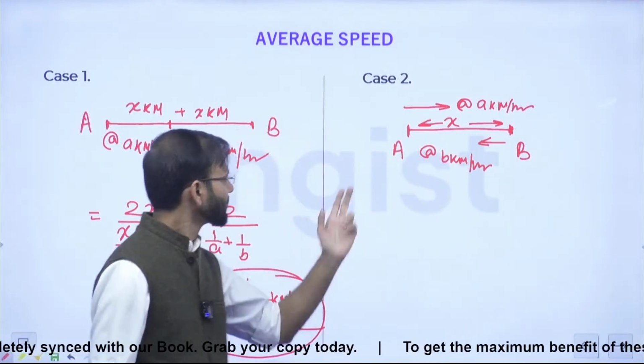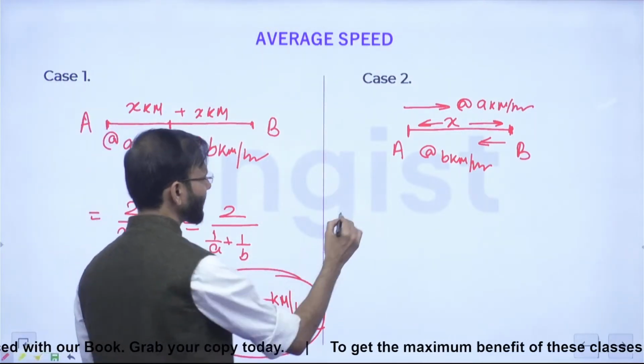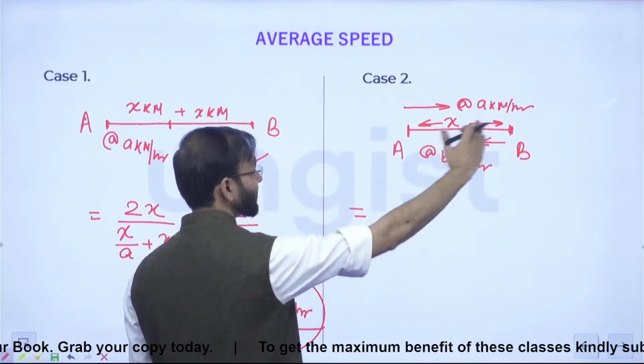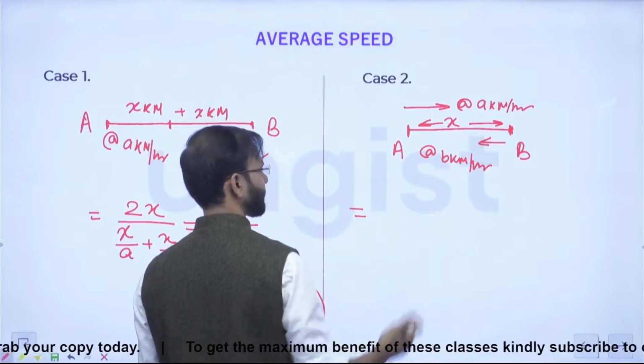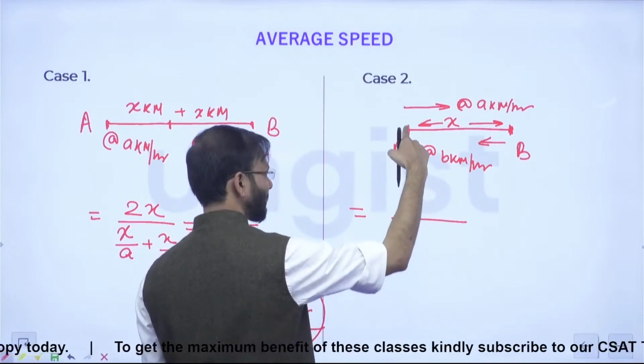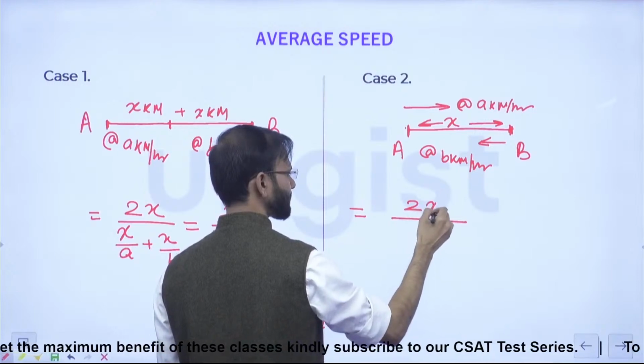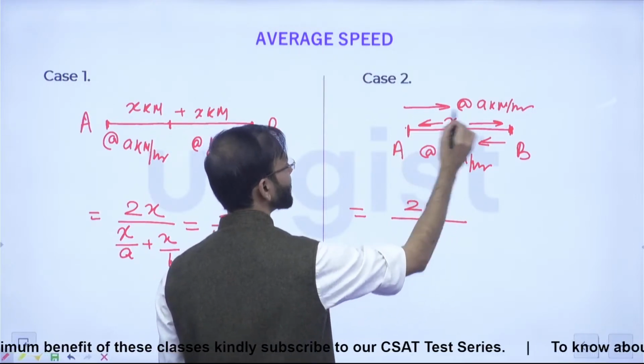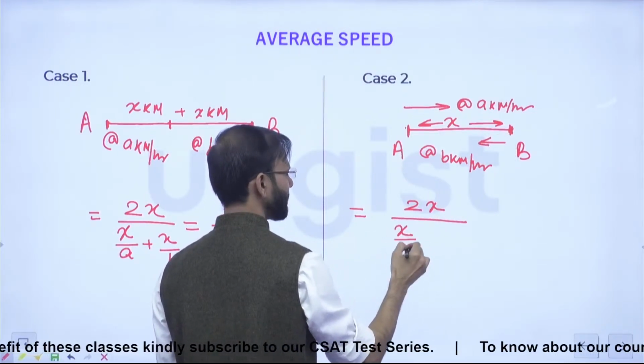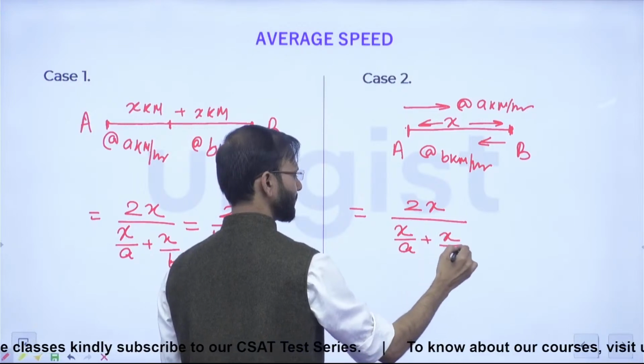What is the total time taken for the onward journey? Total distance covered is X plus X, which is 2x. Time taken for the onward journey is X by a, and for the return journey it is X by b.